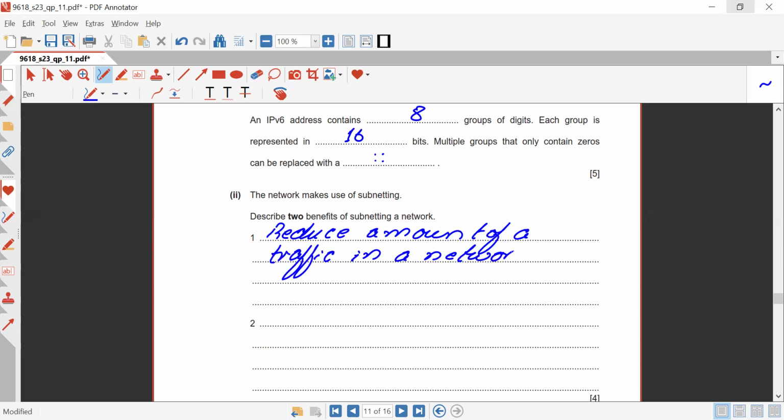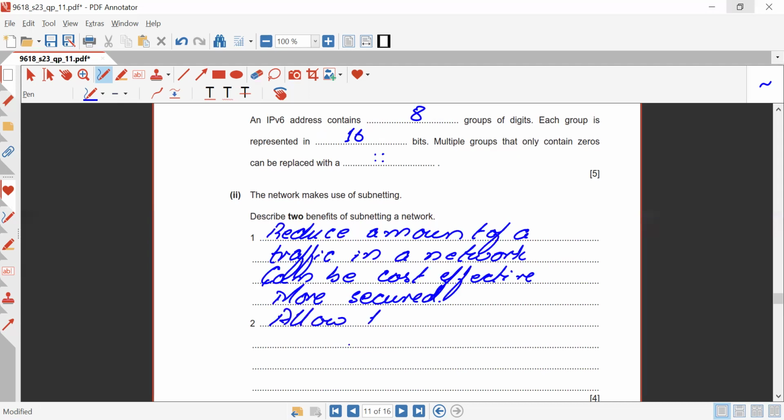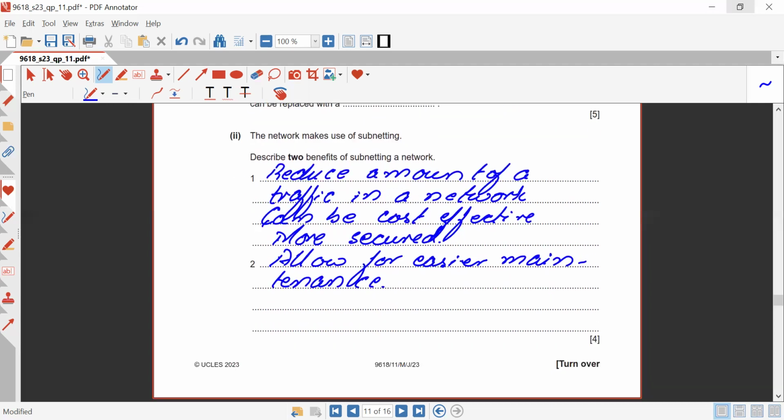Other points you can write down: can be cost effective, more secured, allow for easier maintenance. So these could be a few of the things that you could write over here.